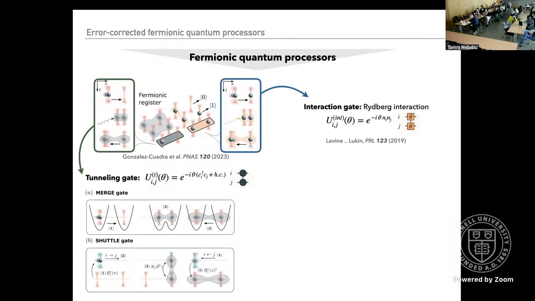So here, your tunneling gates and your interaction gates. Is there a sense of how the gate accuracy, fidelity would be different or similar between these two gates? It's not super clear to me.